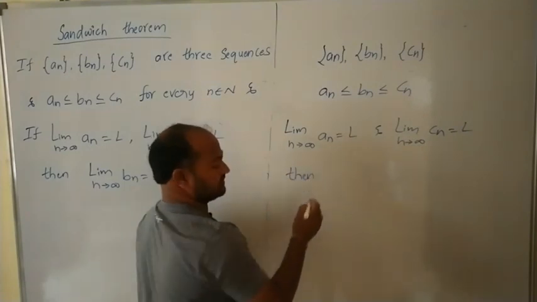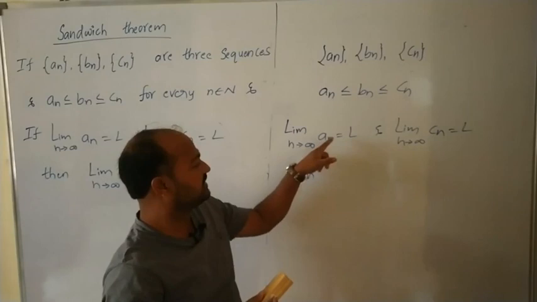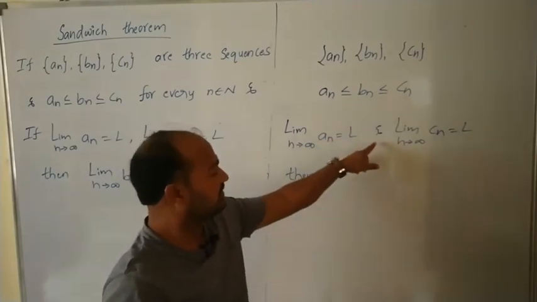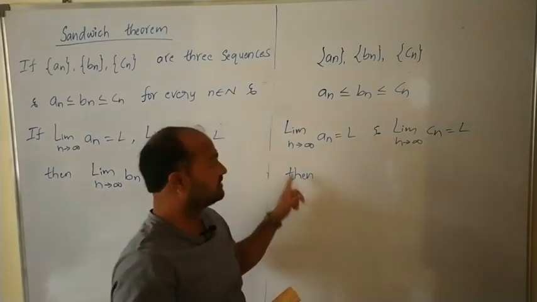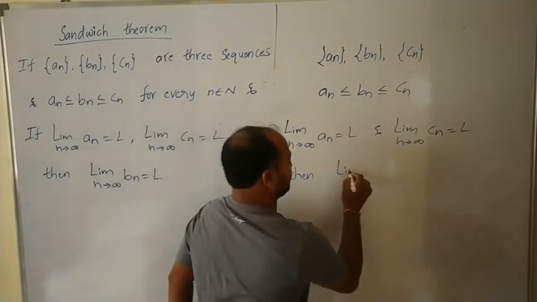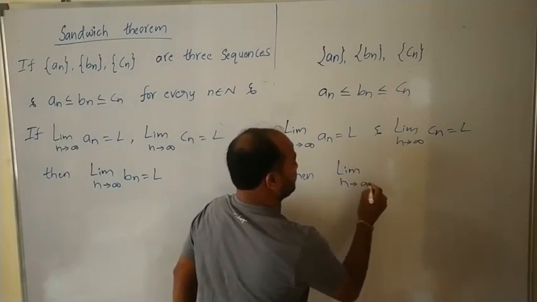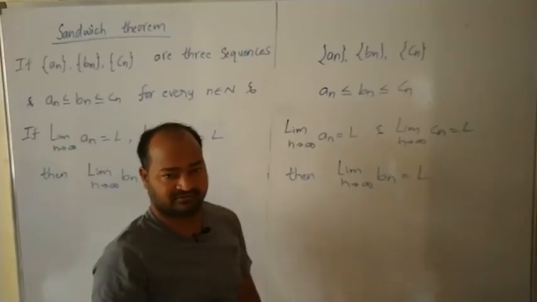then this sandwich theorem states that limit n tends to infinity bn is also equal to l.